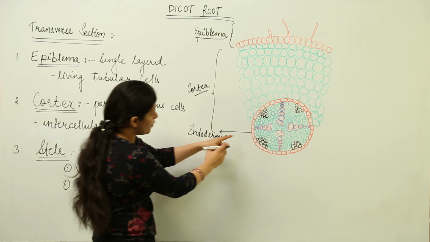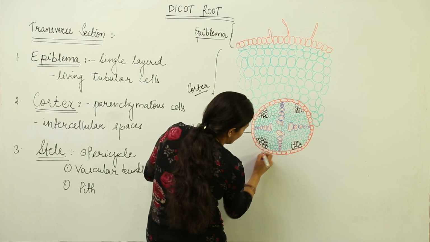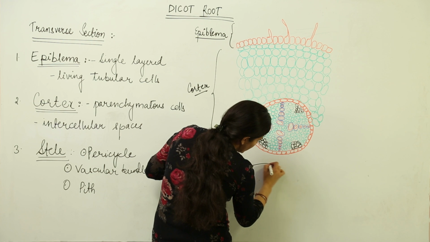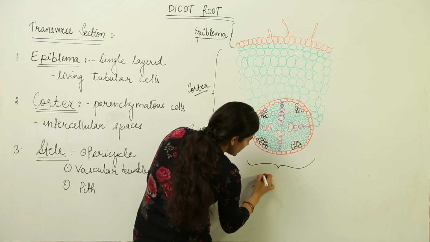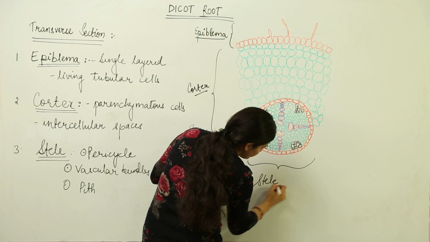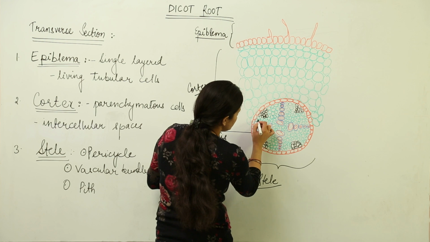Then from the endodermis, going inside, this particular part, excluding the cortex, that comprises the vascular bundles is known as stele.